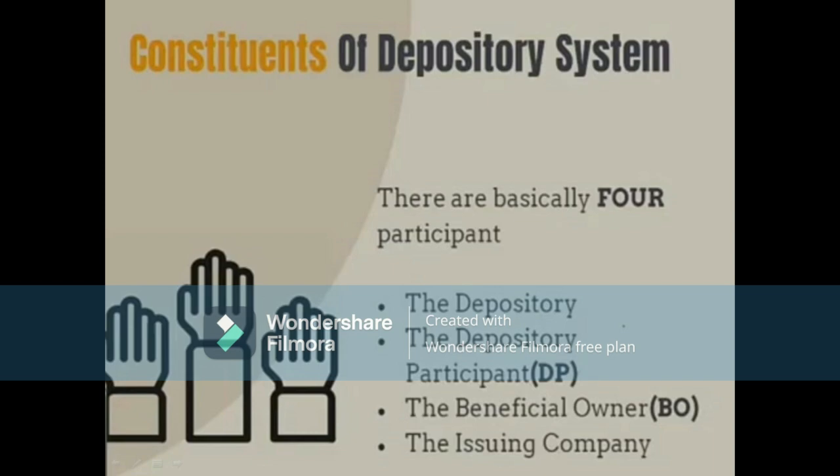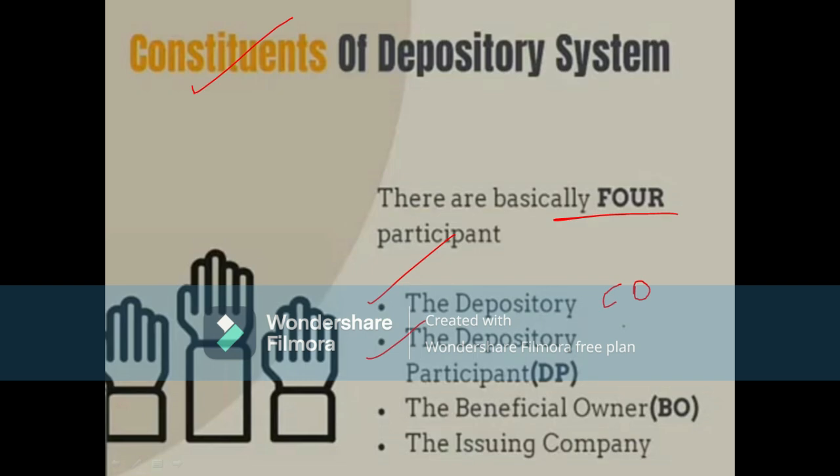And who are the constituents of the depository system? There are basically 4 participants. One is the depository, which we have studied now. The depository is the company. Then the depository participants, meaning the mediators or the brokers.